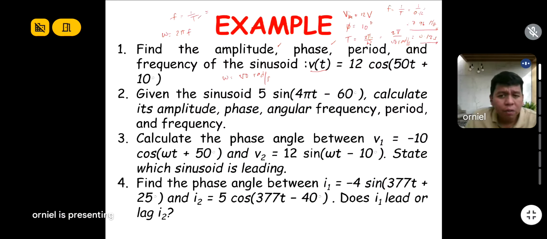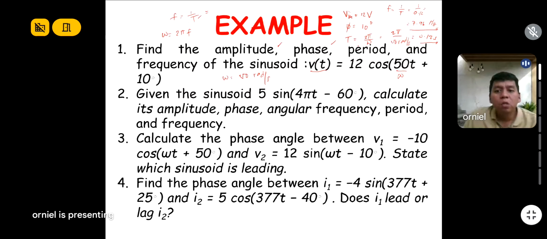Since frequency is not yet given, we can get the period through this equation from the angular frequency, since the angular frequency of 50 is available. Therefore our period is 0.12 seconds. And lastly, the frequency, we have this formula, 1 over period. So that's 1 over 0.12, which is 7.96 hertz.